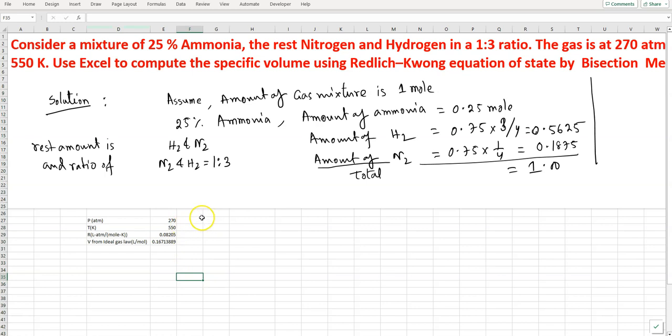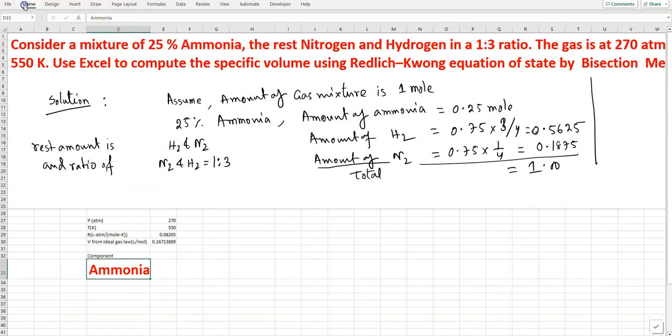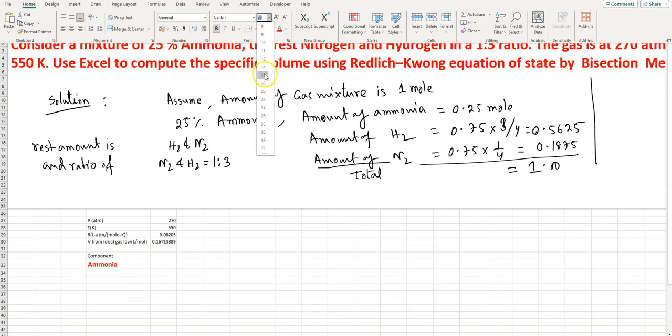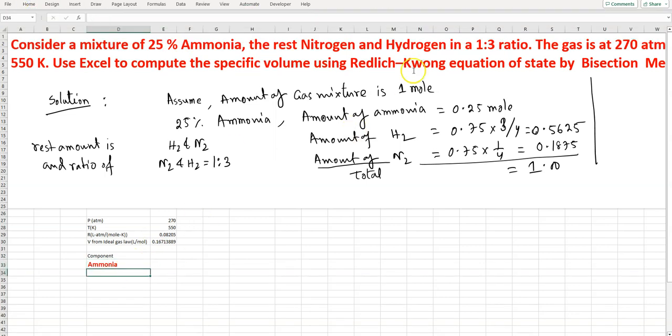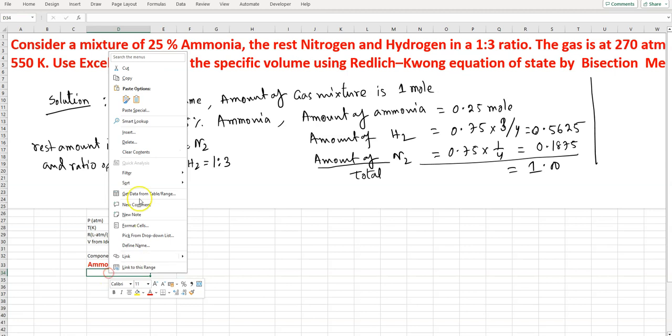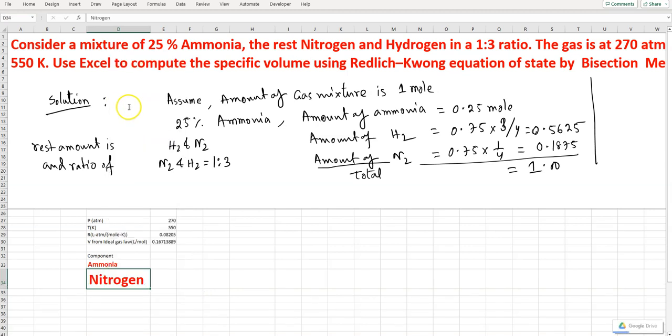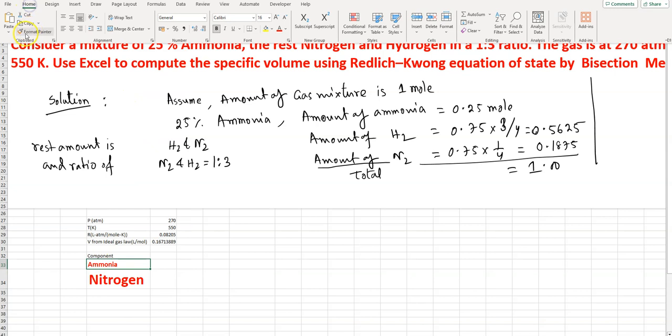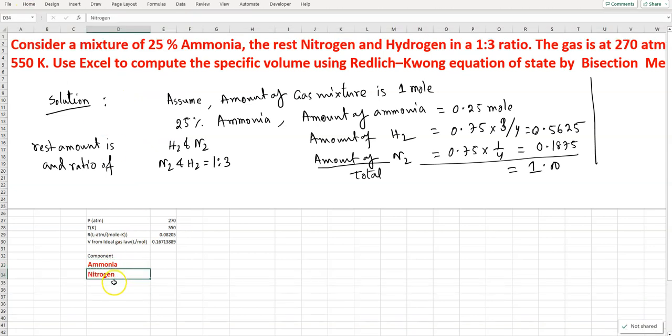Now first we have to write component-wise. So the components are ammonia, then nitrogen, and then hydrogen.